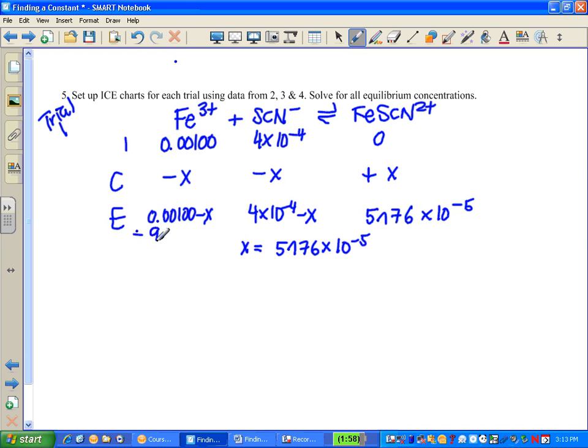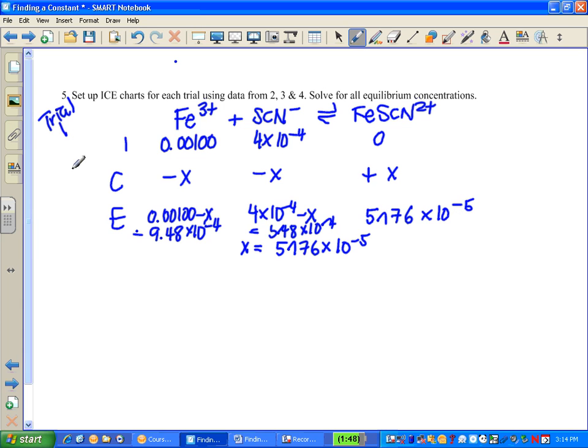The concentration of the iron ions is 9.48 times 10 to the negative 4. The concentration of the thiocyanate ion is 3.48 times 10 to the negative 4. So really, this critical concentration of FeSCN2+ has allowed us to determine the concentration of the iron ions and the thiocyanate ions.